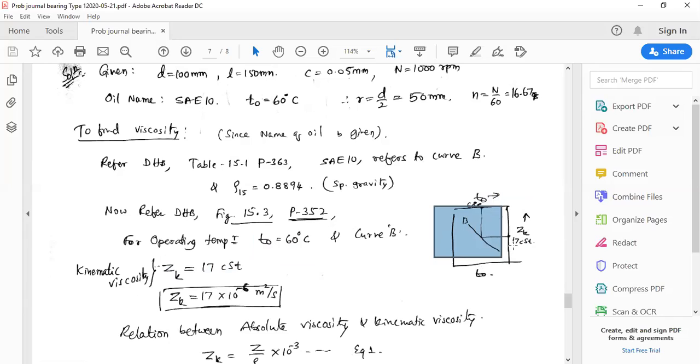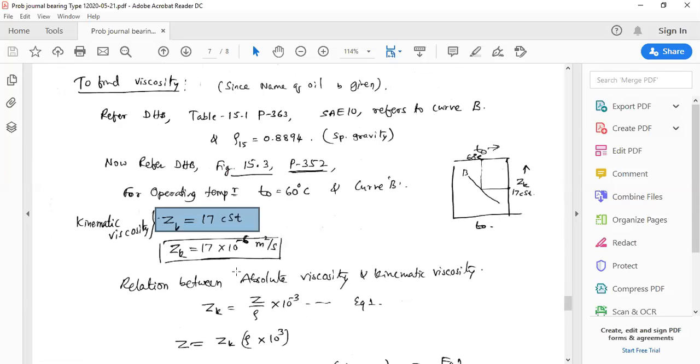So for the B curve, the value of Zk is 17 centistoke. This centistoke is to be converted into meter square per second, so it is to be multiplied by 10 raised to minus 6. The equivalent value in meter square per second is obtained by multiplying by 10 raised to minus 6. So this is the kinematic viscosity.